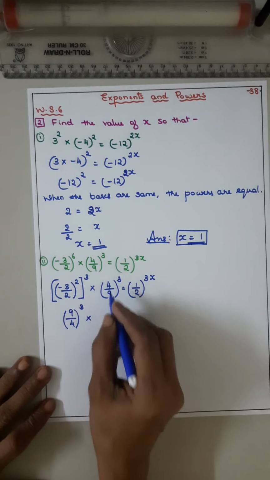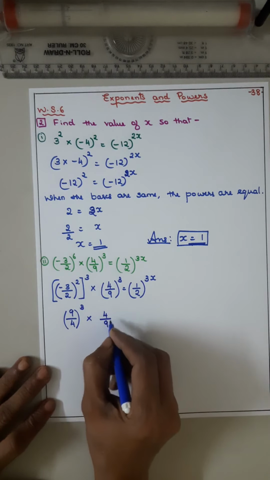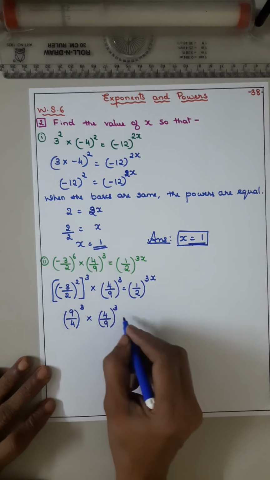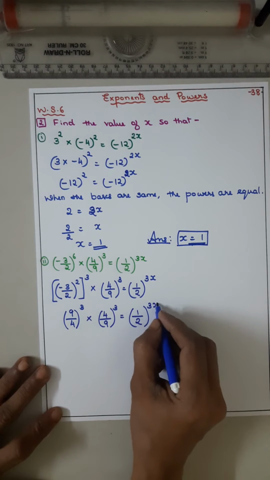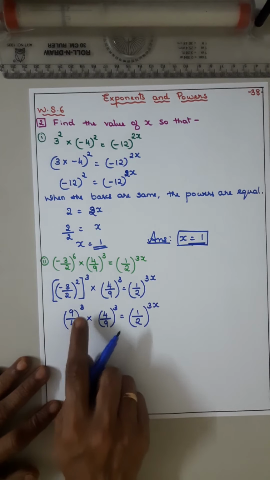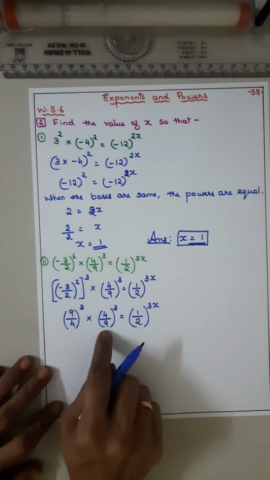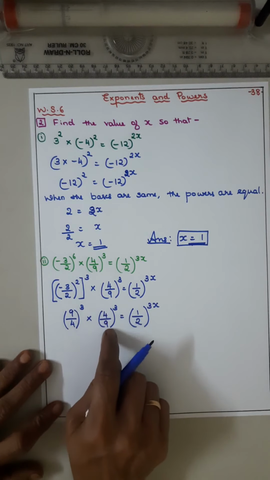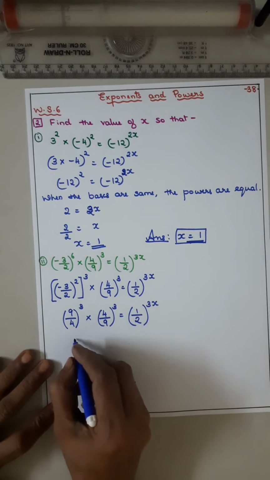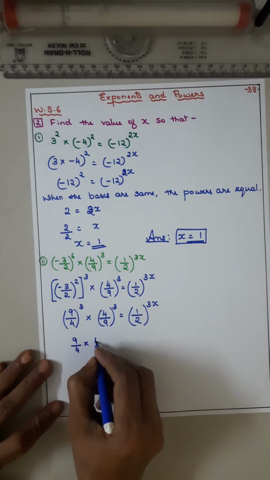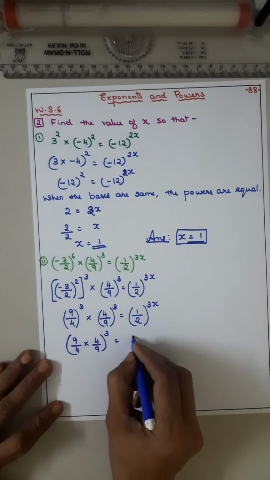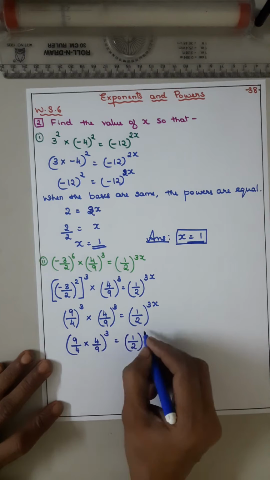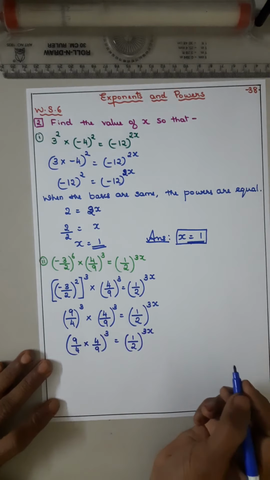Now here it is 4 by 9 raised to 3 and this is 1 by 2, the whole raised to 3x. Now the powers are same, bases are different. 9 by 4, 4 by 9. Okay, so multiply the bases, the whole raised to 3 is equal to 1 by 2, the whole raised to 3x.